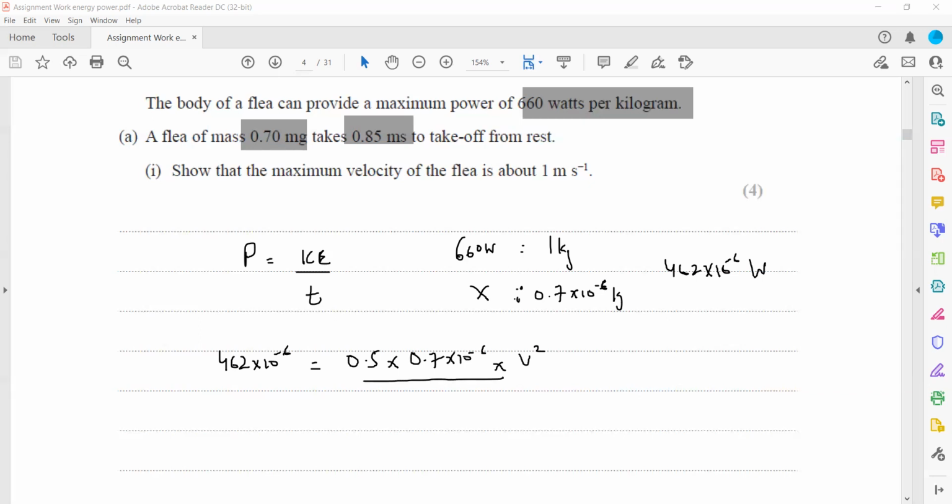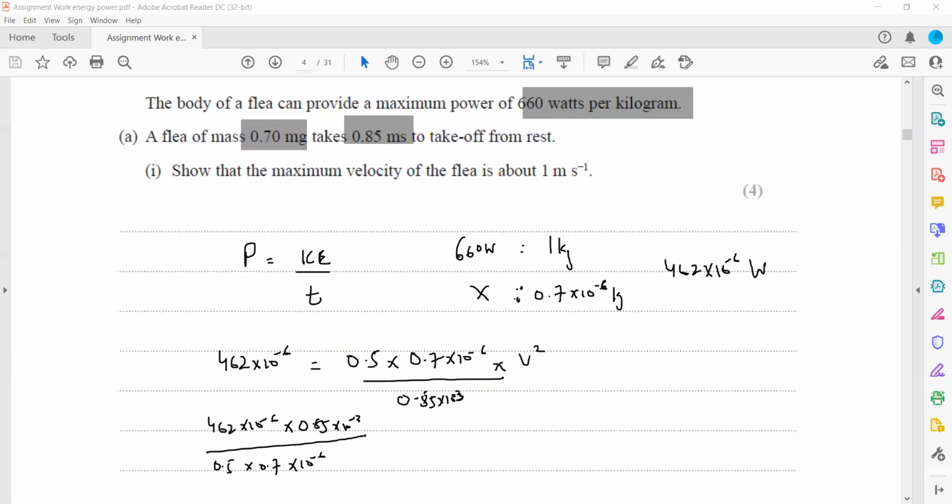In the question, the time is given as 0.85 milliseconds. So it will be 0.85 into 10 power minus 3 second. And when we solve this, it will be 462 into 10 power minus 6 times 0.85 into 10 power minus 3 divided by 0.5 into 0.7 into 10 power minus 6.